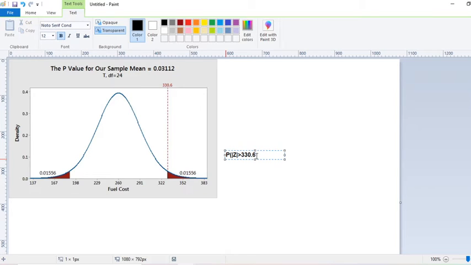In this problem it is not mod, so we consider just the probability of z less than.